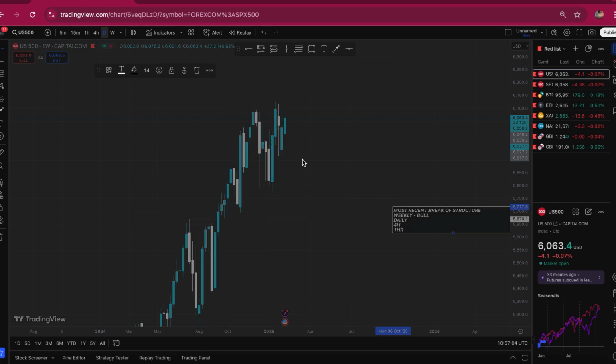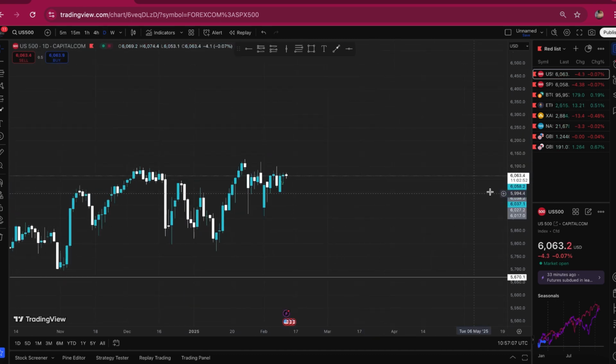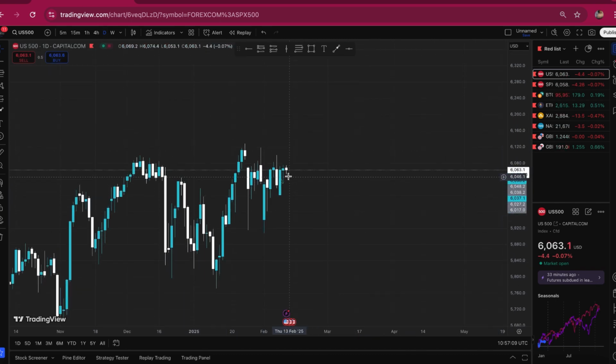Then daily. So the most recent break of structure on the daily, it never broke to the downside. So this is just pretty much consolidation here, but obviously down here is where we had one. So you had boom. Price was pretty much consolidating.